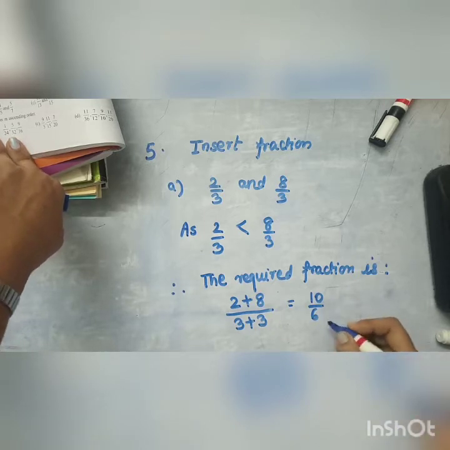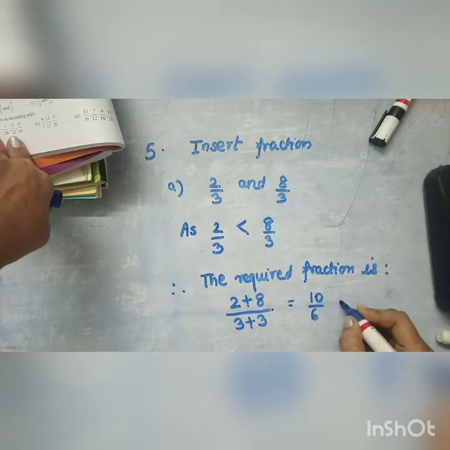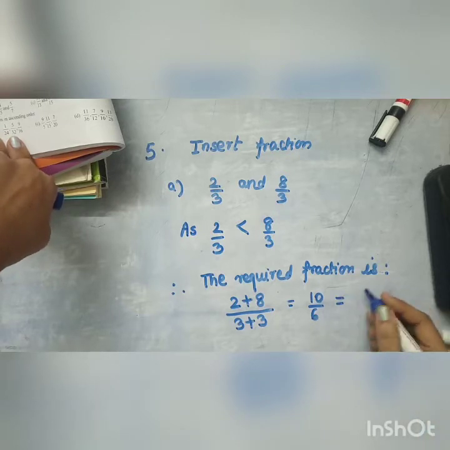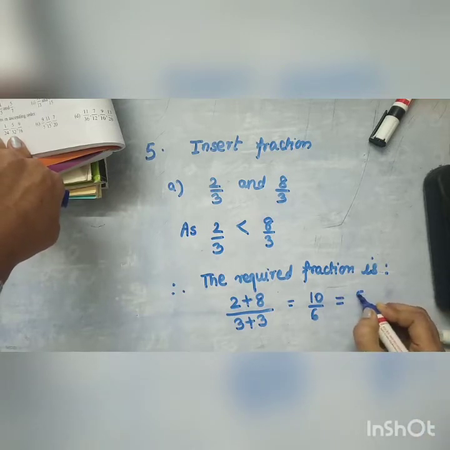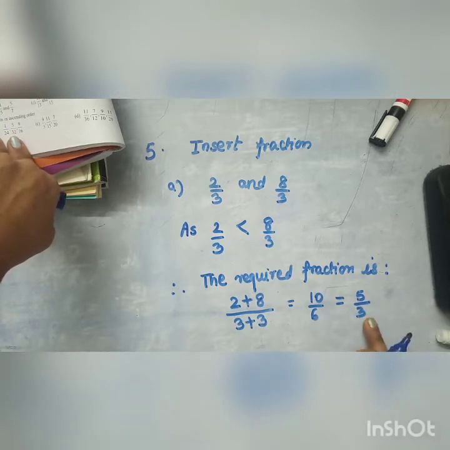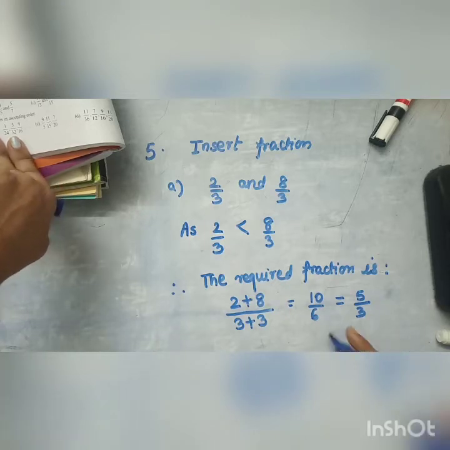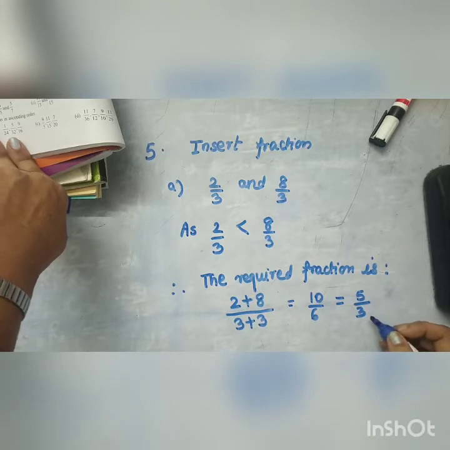Okay, 10 upon 6, and here 2 is the common factor, so it can be written as 5 2s are 10 and 3 2s are 6. Okay, so you can go for the lowest term here.